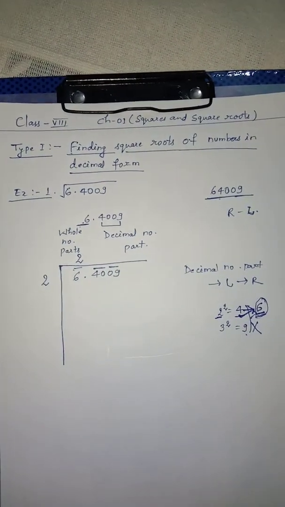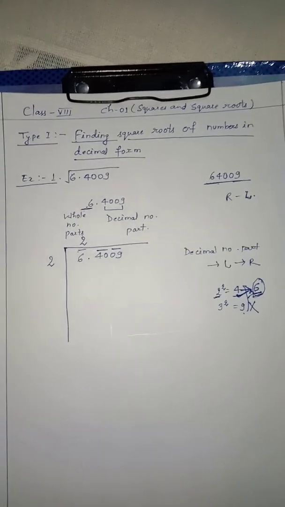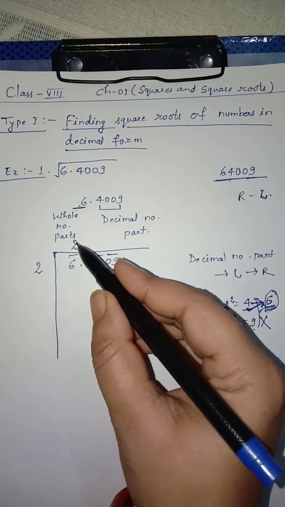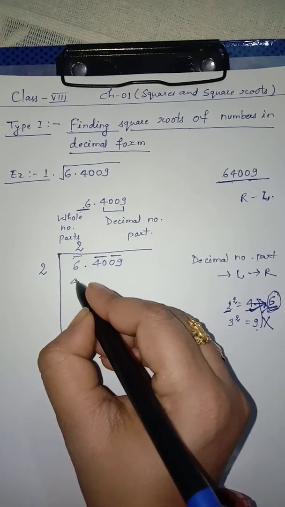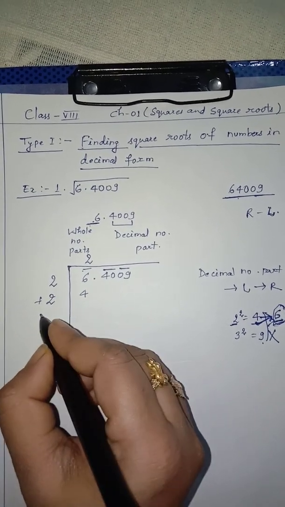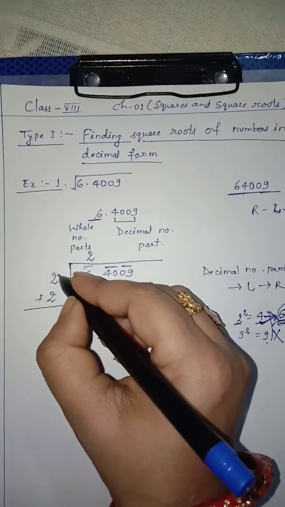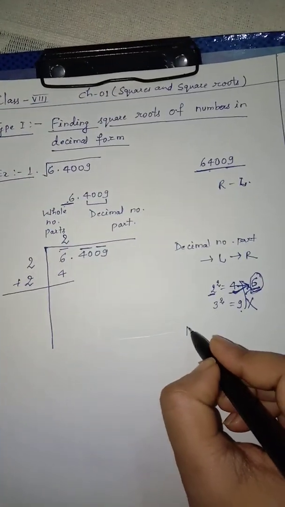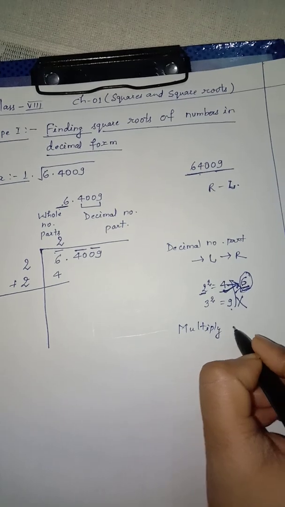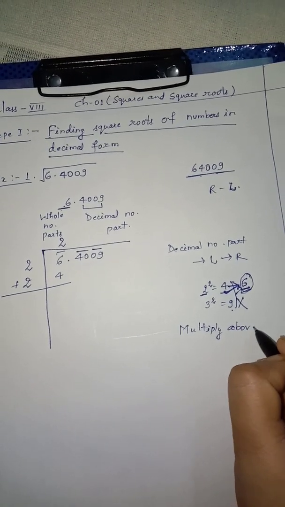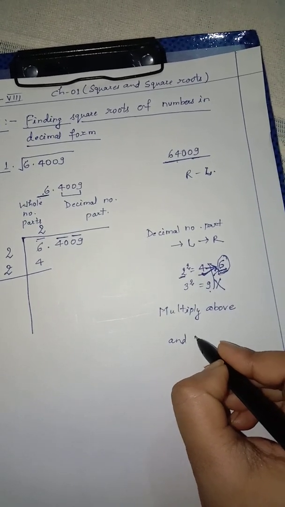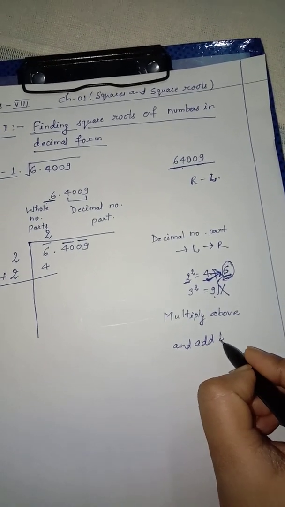When describing the long division method, I told you: multiply above and add below. What is the formula? Multiply above and add below.